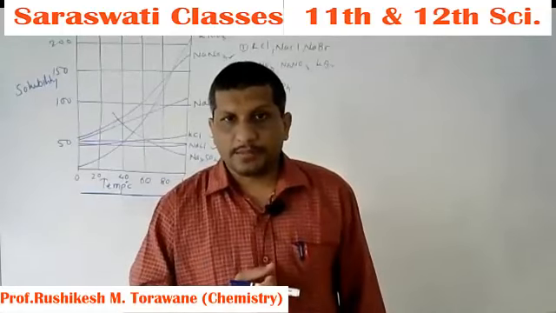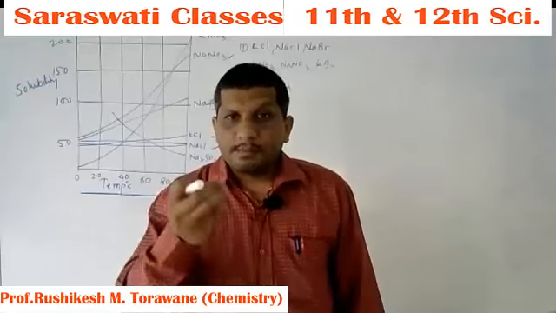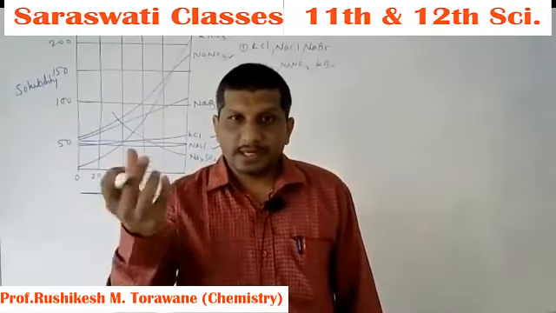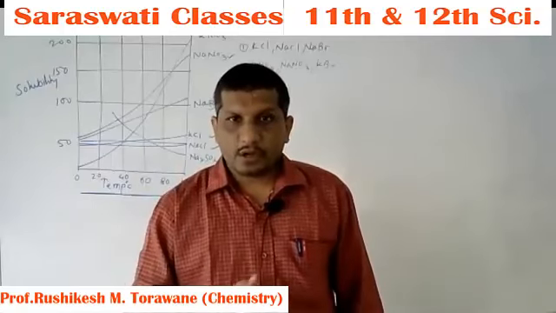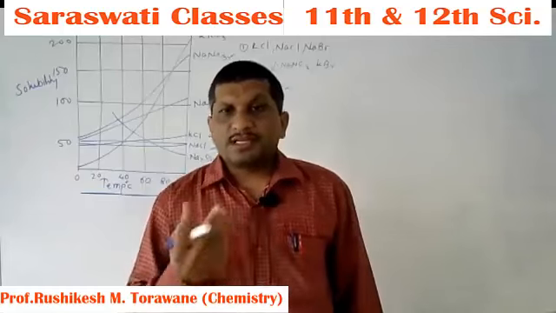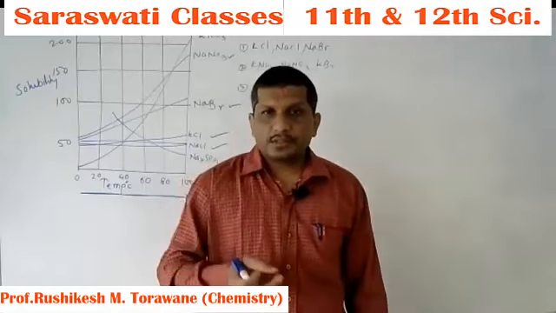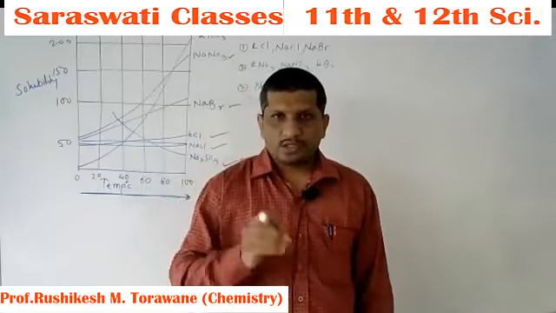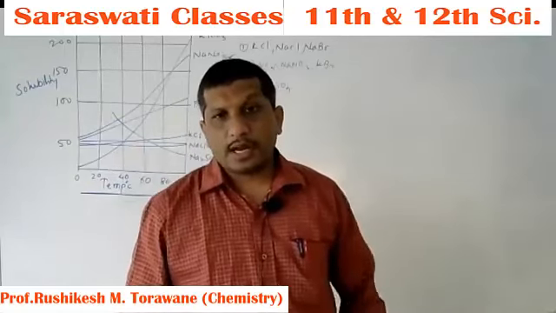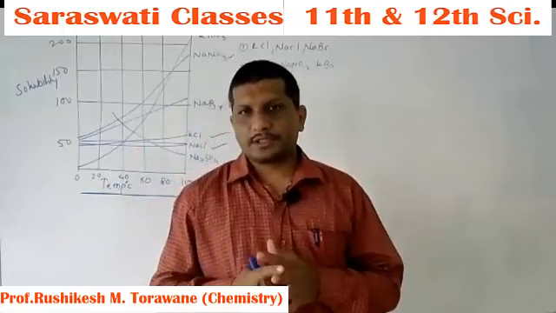Endothermic reaction means the initial temperature is low, and after the substance absorbs heat, it is called an endothermic reaction. What is an exothermic reaction? Some solutes or substances evolve the heat. It is called an exothermic reaction.